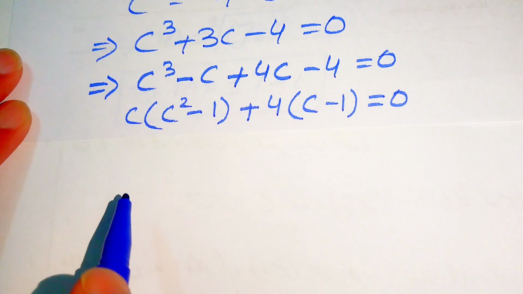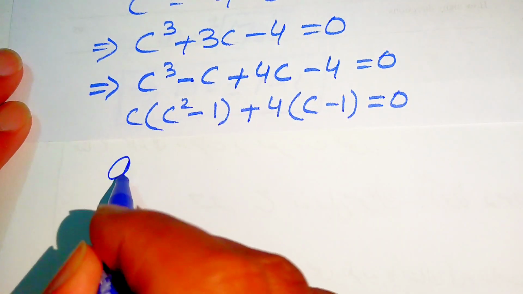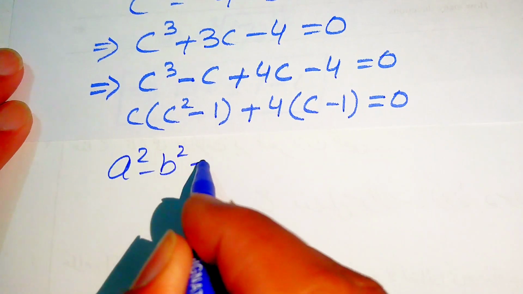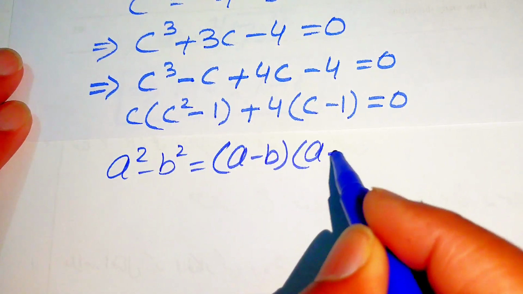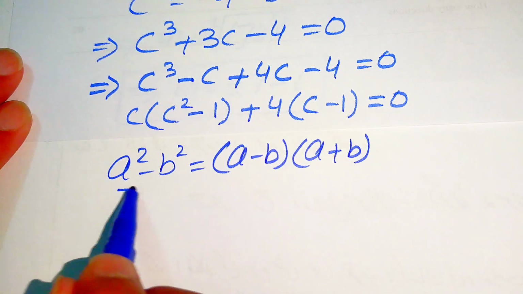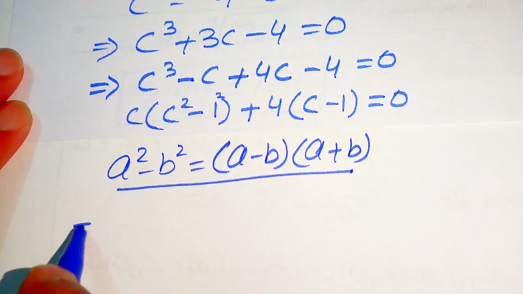So now we will again apply the algebraic formula here. We know that if you have a square minus b square, it is equal to a minus b times a plus b. So according to this formula, we write the c square minus 1 square in this form.